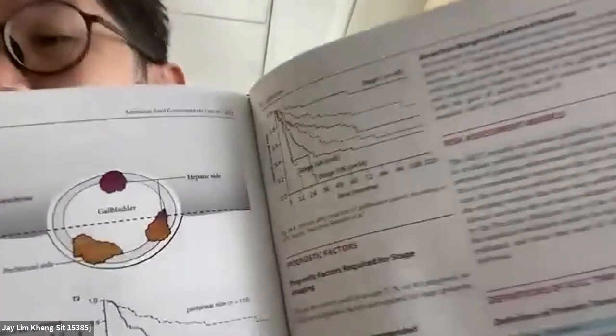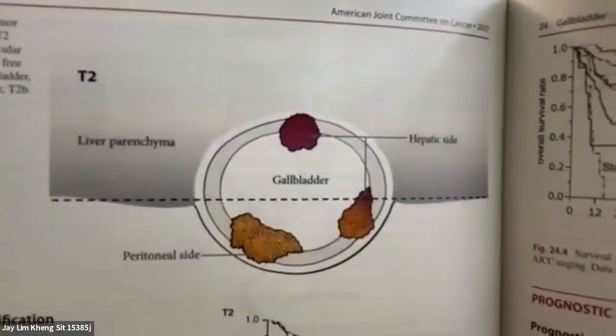This is, as you can see, the 8th edition. You can imagine every few years they come up with many editions. So this page, for example, shows you the gallbladder cancer and the various staging involved in the gallbladder cancer.